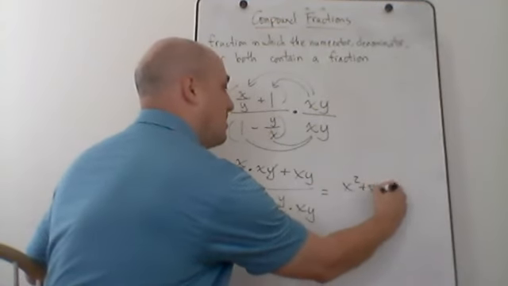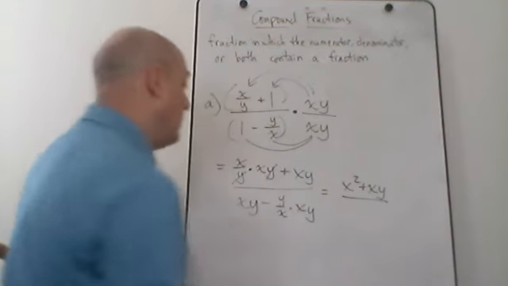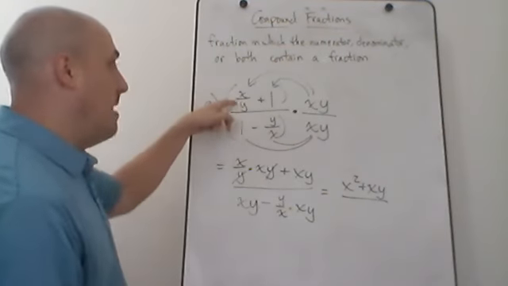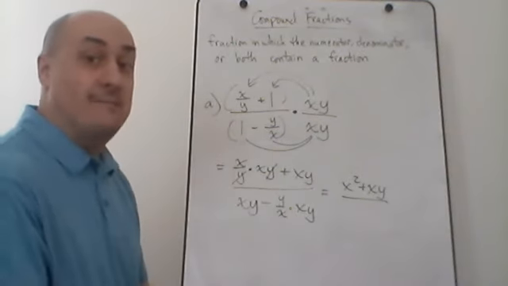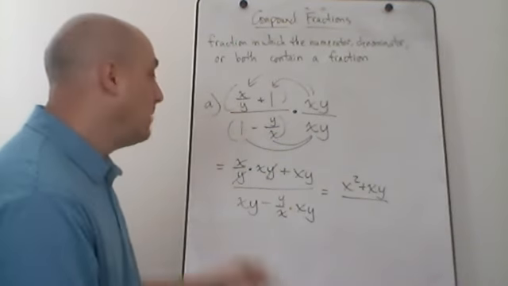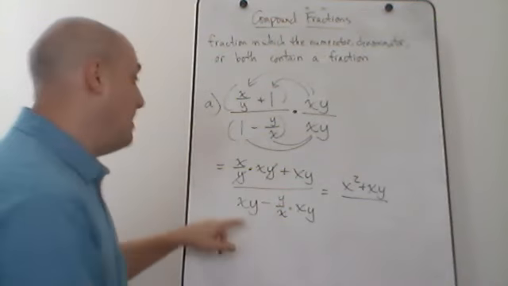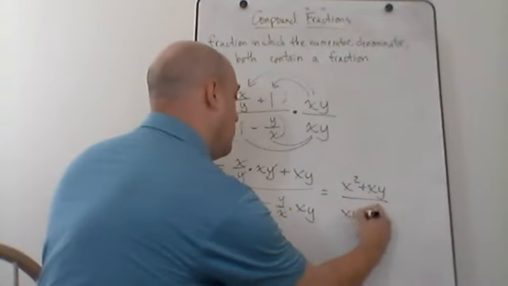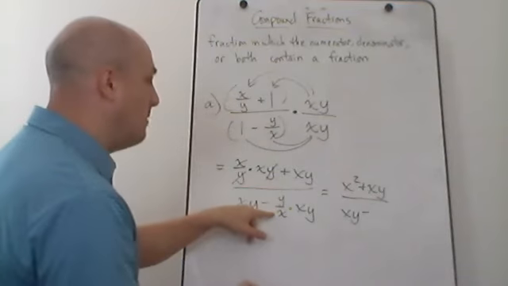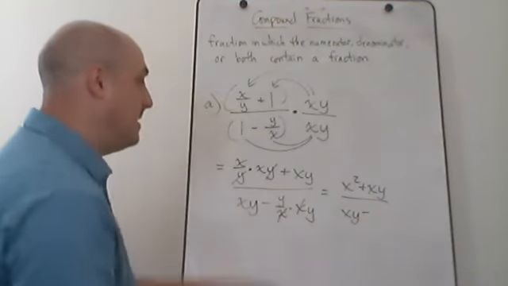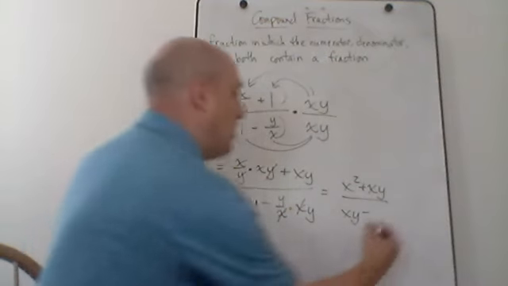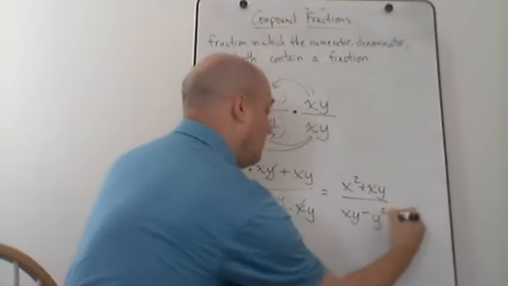So it's x squared plus xy over, and notice that extra fraction in my numerator has now disappeared. I no longer have another fraction in my numerator. The same thing happens in my denominator. I have the xy here minus, and when I do y over x times xy, the x cancels out the x in the denominator, and I have y times y, which equals y squared.